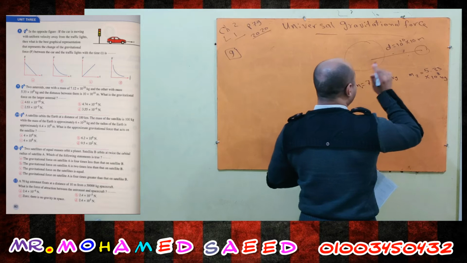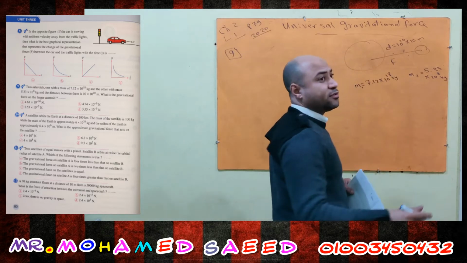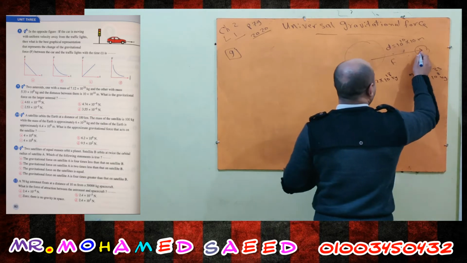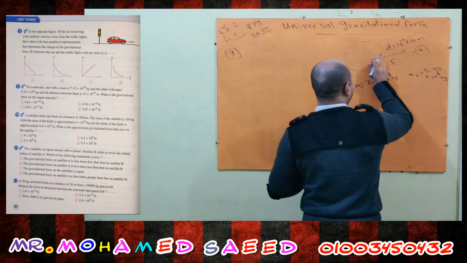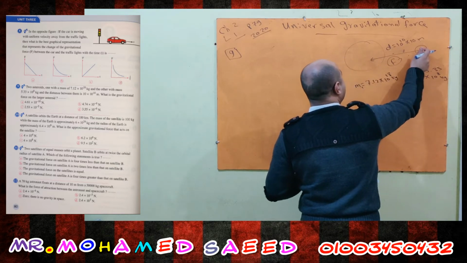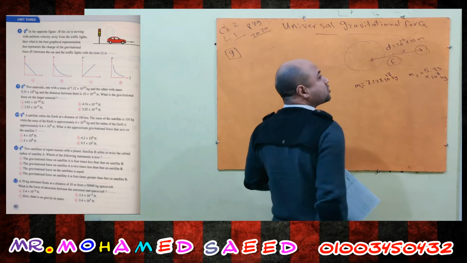Okay, we said that the gravitational force between them is a mutual force. يعني قوة متبادلة. This planet attracts this asteroid by a force F, and also this asteroid attracts the other asteroid with the same force. It's a mutual force between them.